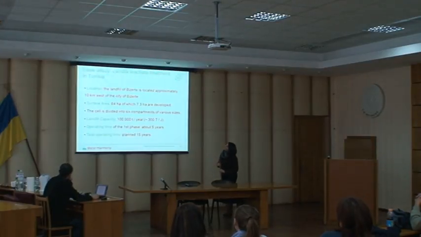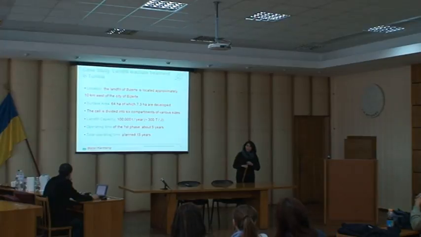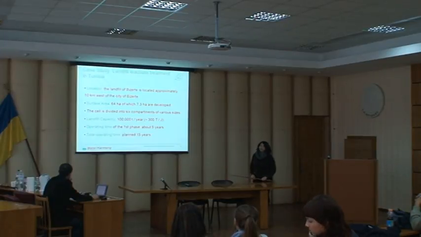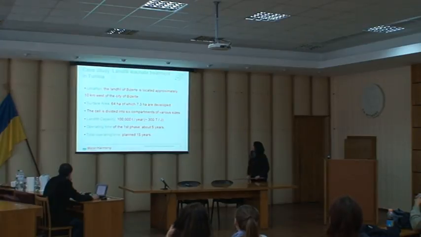So I will finish this presentation with the case study from Tunisia. We have in Tunisia a city called Bizerte, in the north of Tunisia, and the landfill is located 10 kilometers from the city.